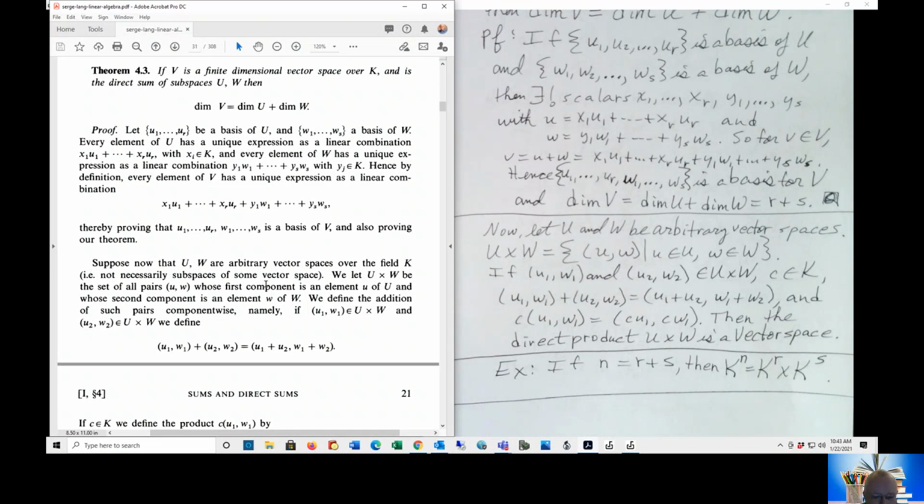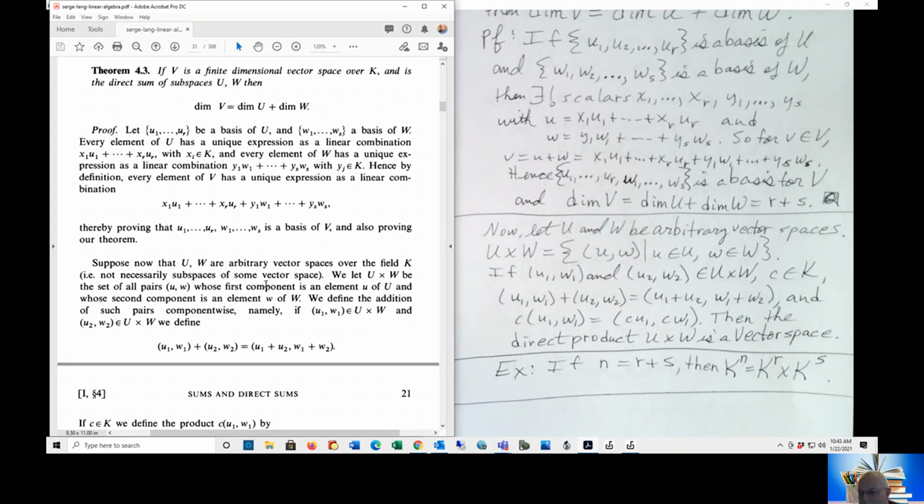The direct or cross product of two vector spaces is really the same definition as looking, for example, at ordered pairs in R2, or K2. The direct product of U and W is simply the set of ordered pairs (u, w), where u is an element in U and w is an element in W. Very simple.